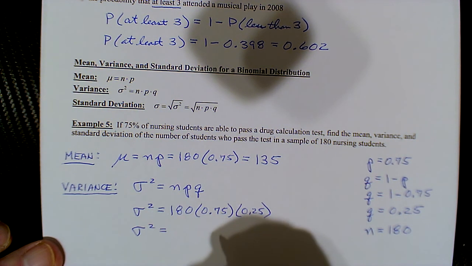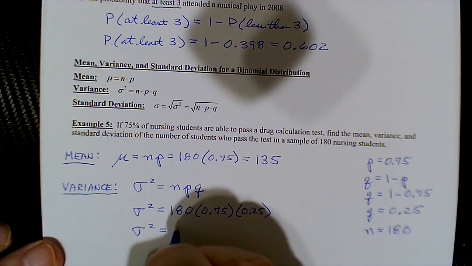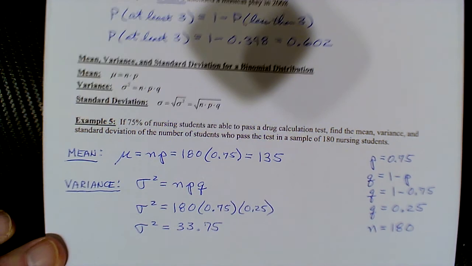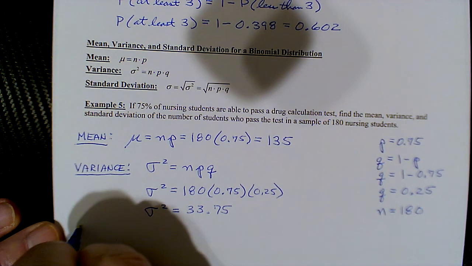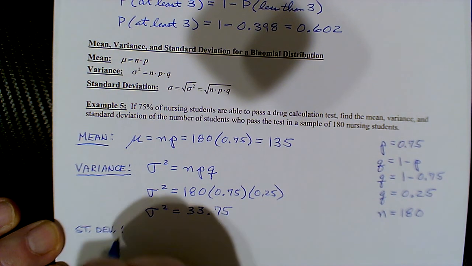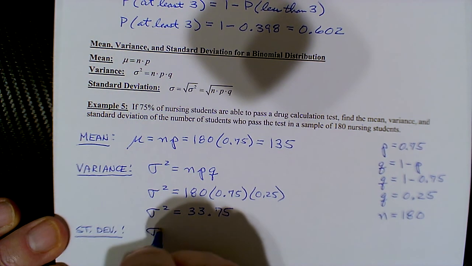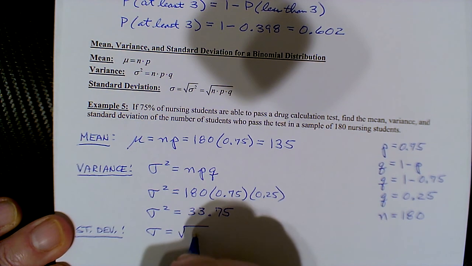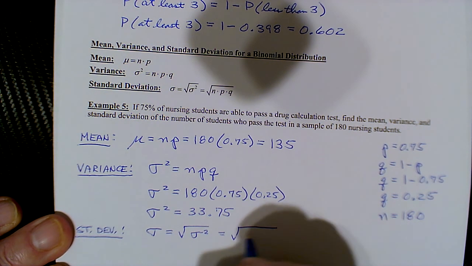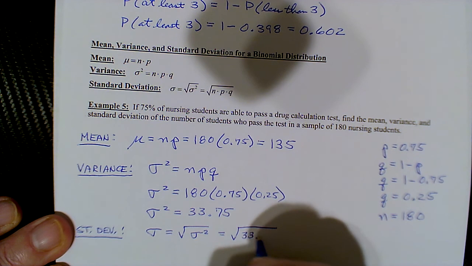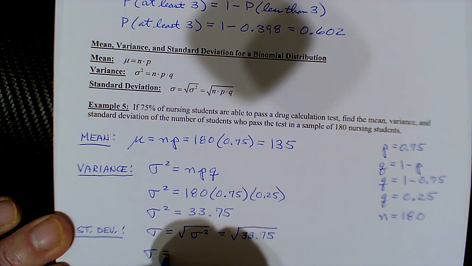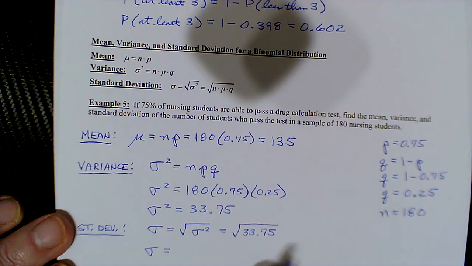So our variance here crunches down to be 33.75, and then our standard deviation. And again, that's just the square root of the variance. And when you do this, you want to retain as many decimals as possible so that you don't lose accuracy.